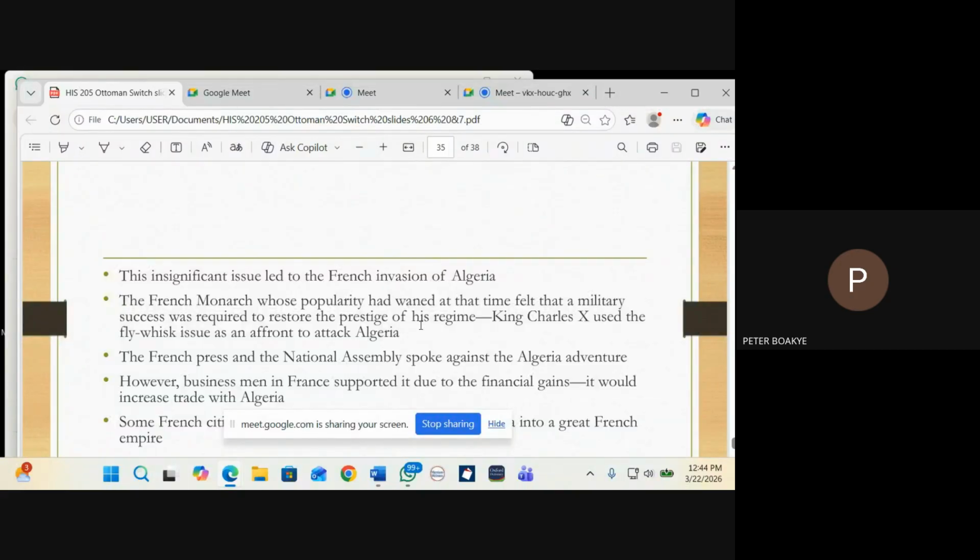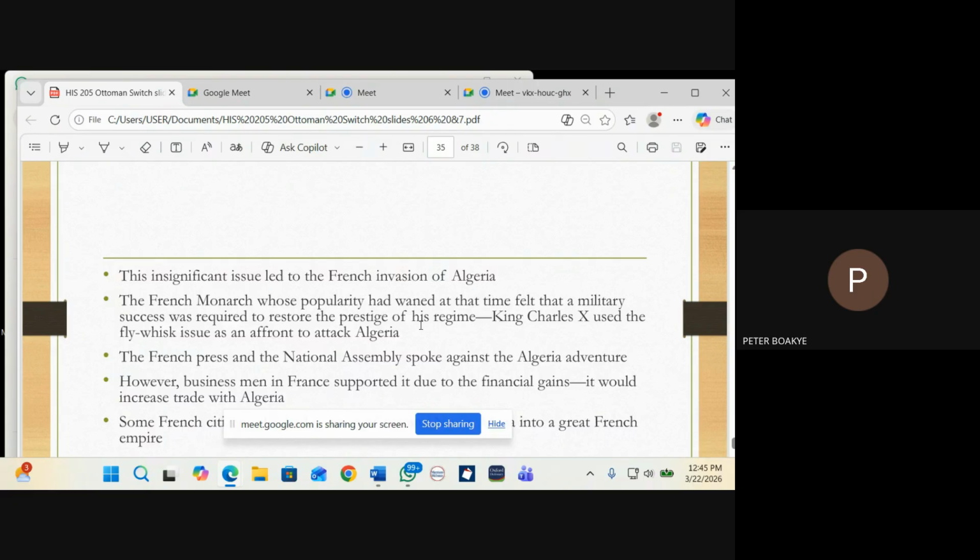Now, the French monarch, whose popularity had waned at this time, felt that a military success was required to restore the prestige of his regime. He had become very unpopular in Europe and felt that if he was able to defeat them, then of course it would be a kind of prestige. So King Charles X used the fly whisk issue as an affront to attack Algeria in order that he'd be able to restore his prestige in Europe.